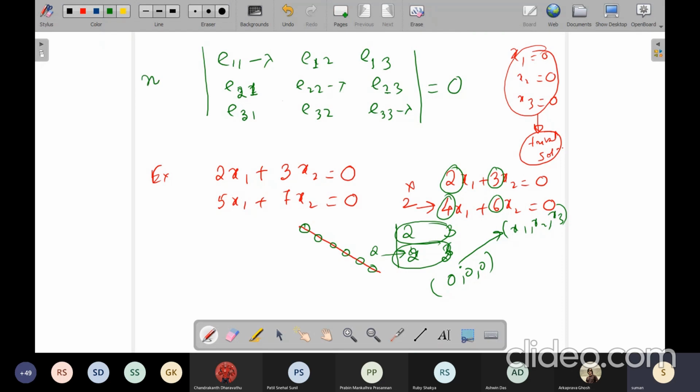So this is the condition for the non-trivial solution, that is, a non-trivial vector x.